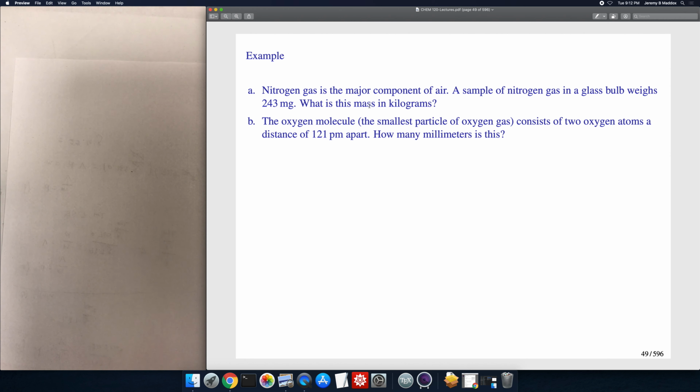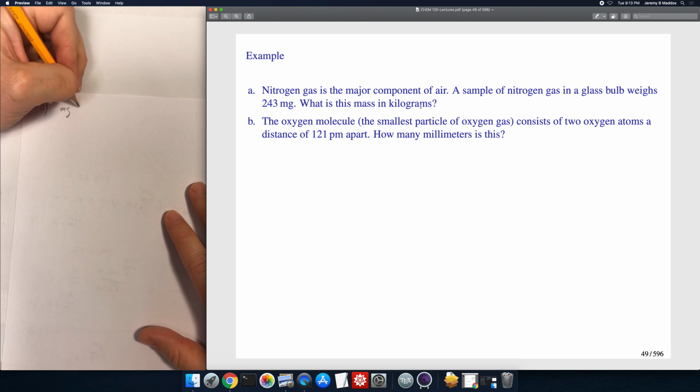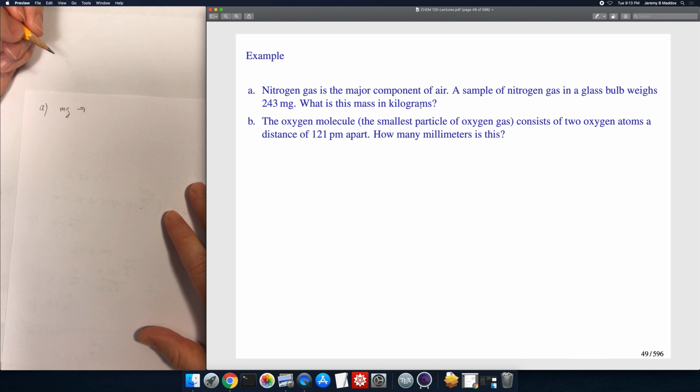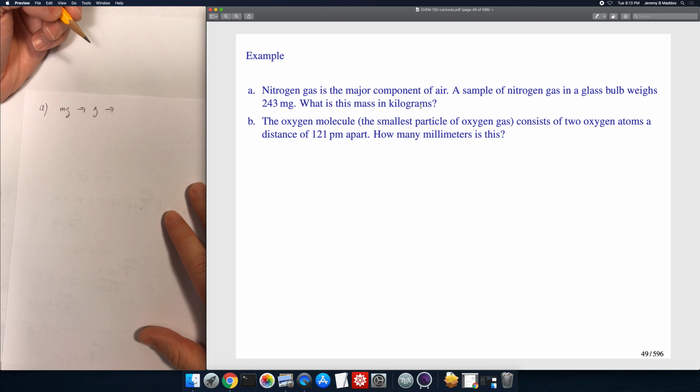We're being asked to convert that to kilograms. Okay, and so this is the strategy that I like to follow for these SI to SI unit conversions. We are given milligrams. I like to go to the unit with no prefix first, grams. So I'm going to get rid of the milli and go to grams. And then I'm going to do a second unit conversion to kilograms.